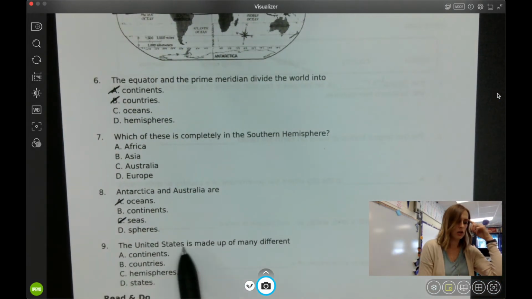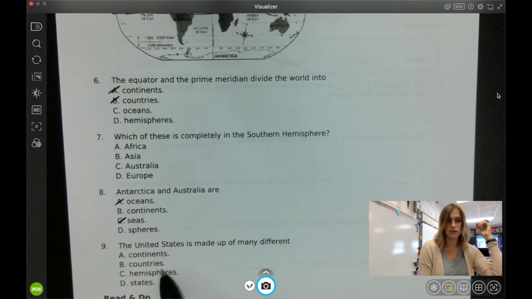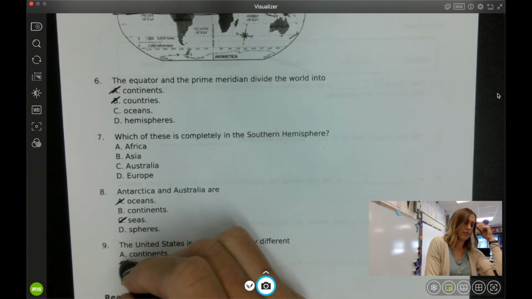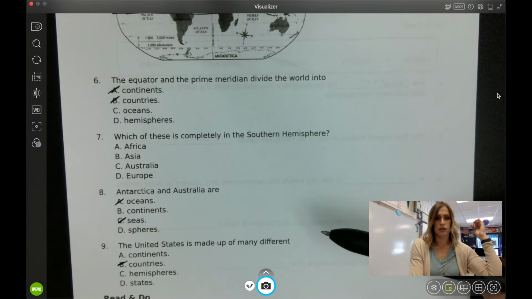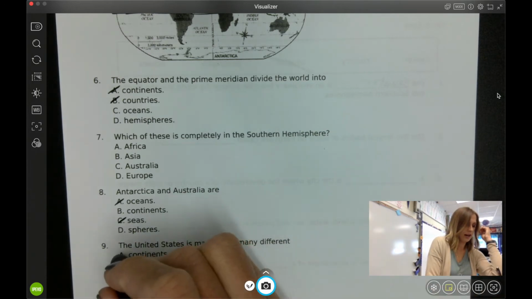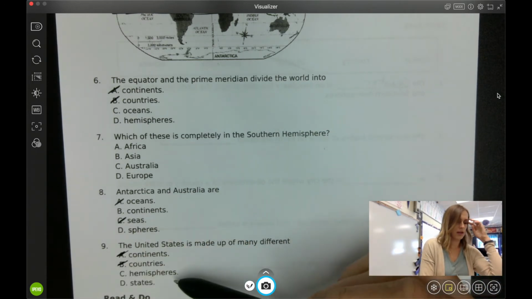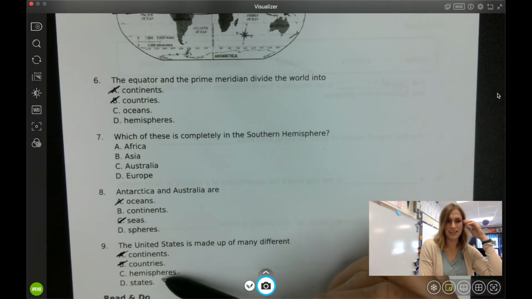Number 9, the United States is made up of many different continents, countries, hemispheres, or states. The United States is a country, so it can't be made up of a whole bunch of different countries. There's only 7 continents, so is it made up of many different hemispheres or many different states?